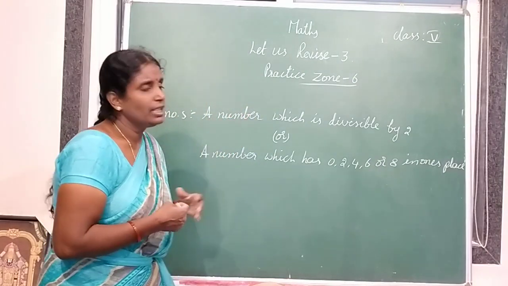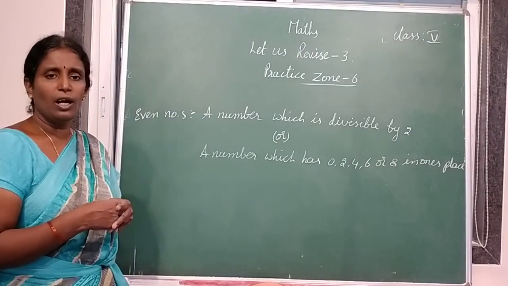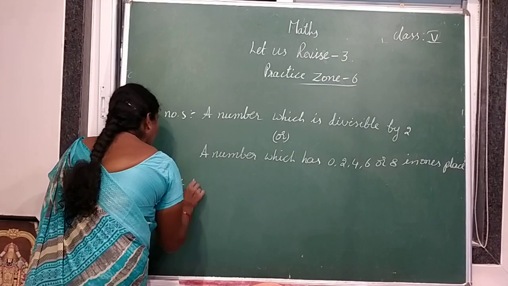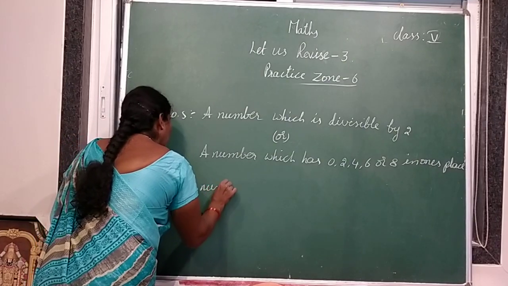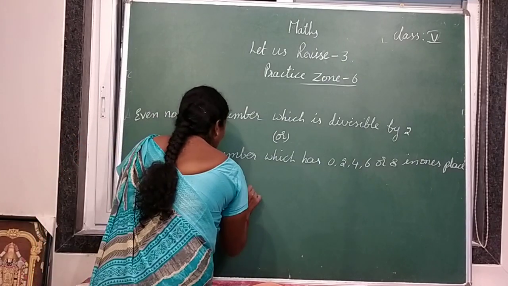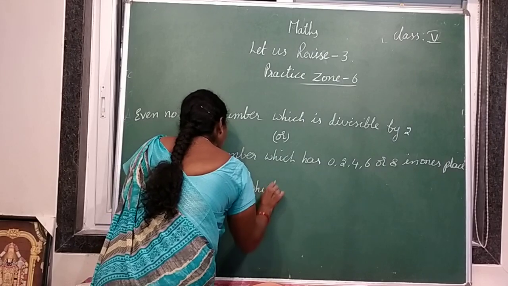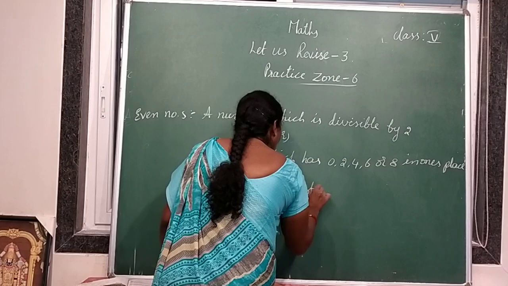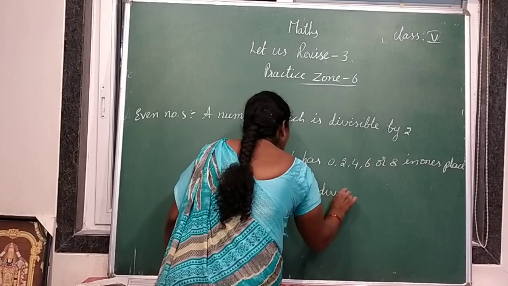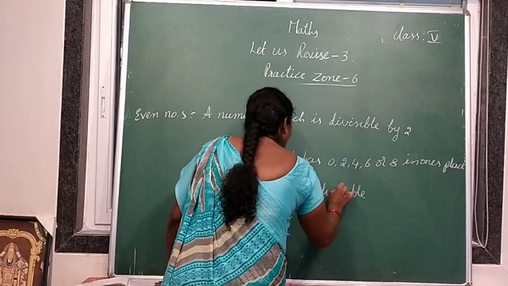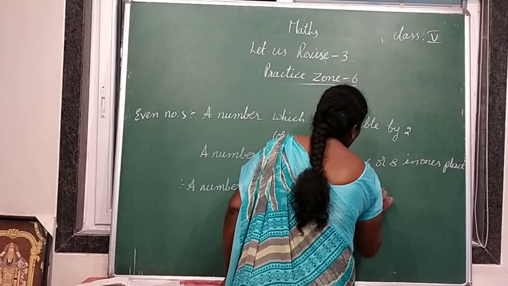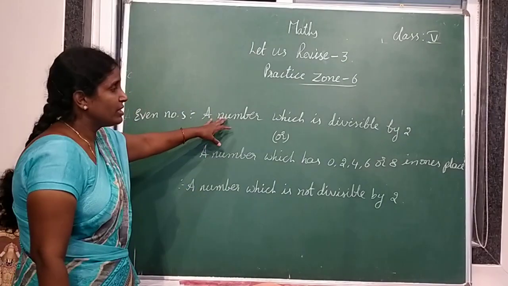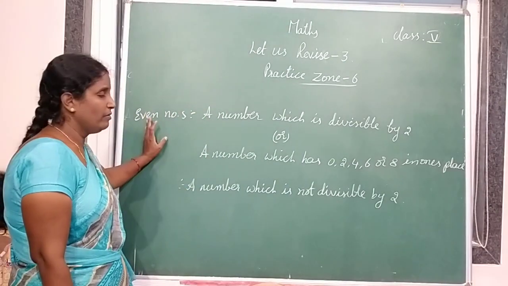Which is not divisible by 2, those numbers are called... Which is divisible by 2, those numbers are called even numbers.